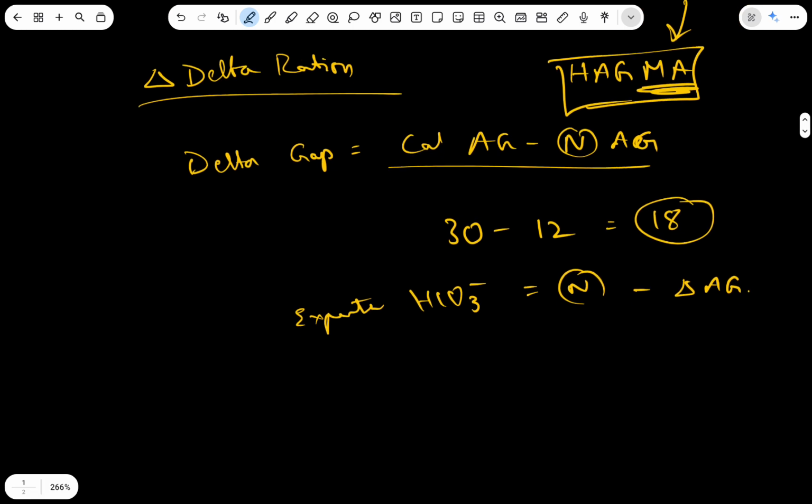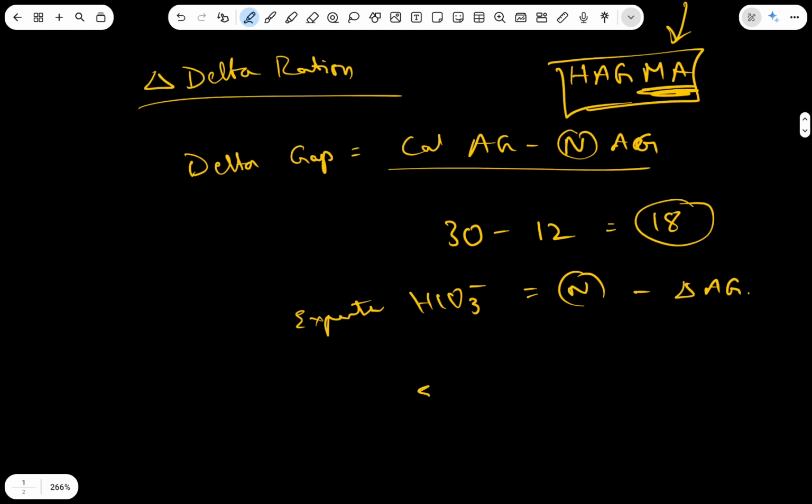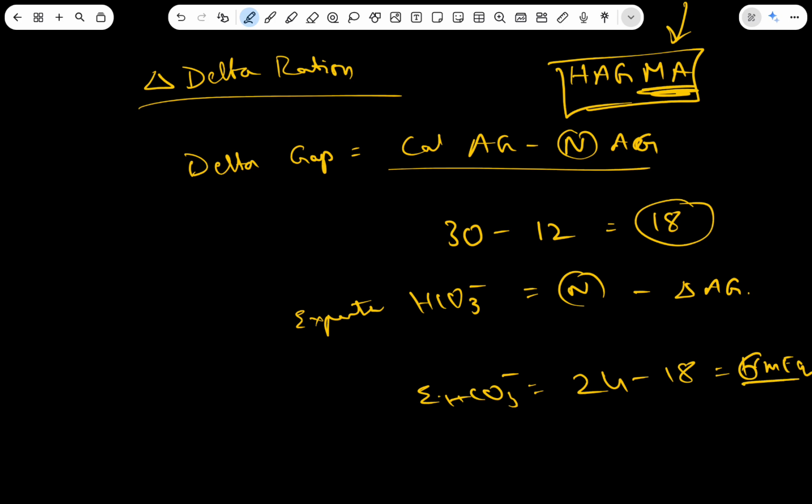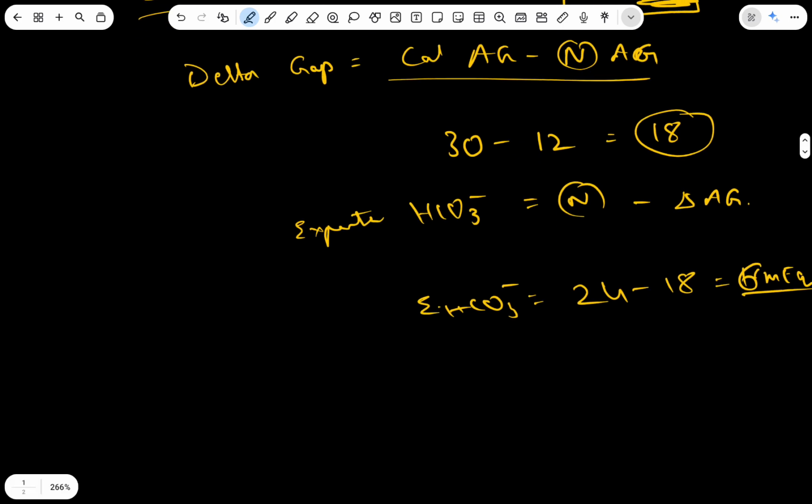So expected HCO3 is equal to 24 minus 18, which is equal to 6 milliequivalents per liter.